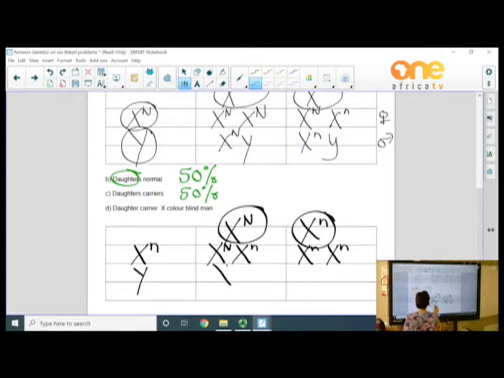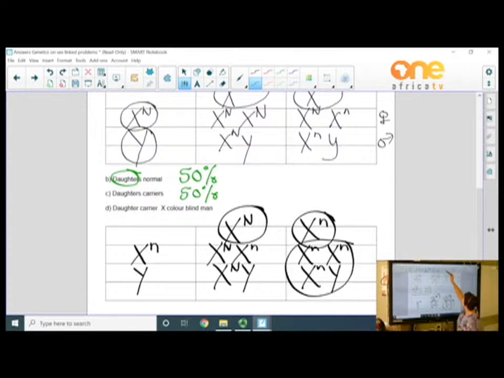And their sons, they may have a normal son, but they also may have a colorblind one. So they have a 50% chance of having a colorblind child, because 2 out of the 4 children gives me 50%.